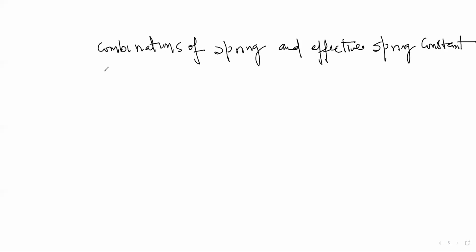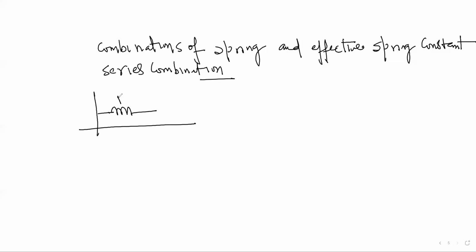One is the series combination. What happens in a series combination is that this one is a spring whose spring constant is K2, and this one is a spring whose spring constant is K1. Springs are attached in such a fashion that they appear one after the other. That's why this is called a series combination.